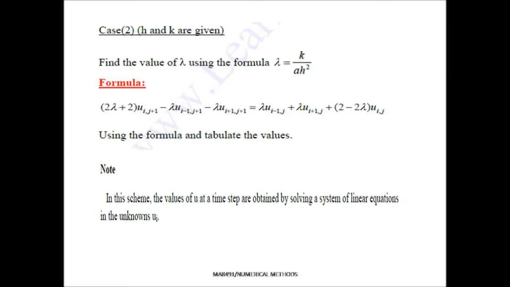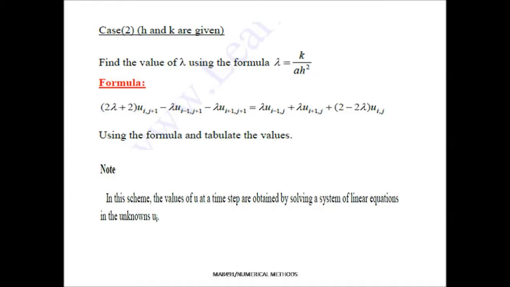Now note that in this scheme the values of u at a time step are obtained by solving a system of linear equations in the unknowns u i. What the note explains is that the values are in the form of u1, u2, u3. So you are going to find your values based on your u i's only, where j will be 0.